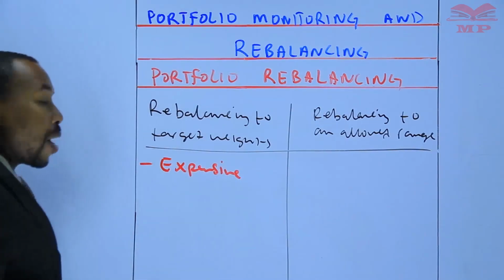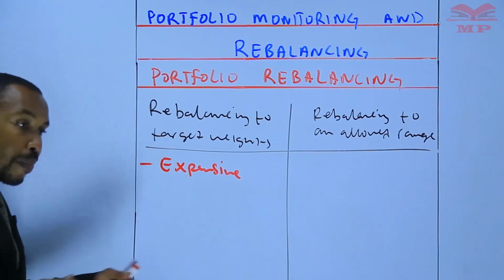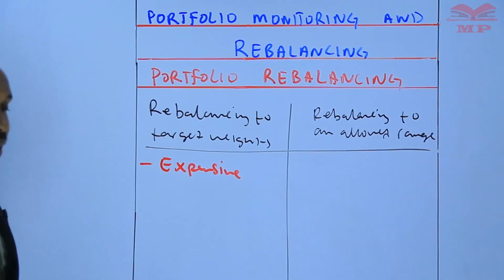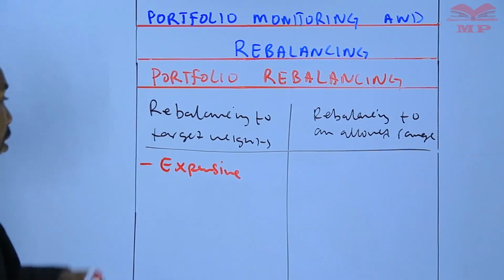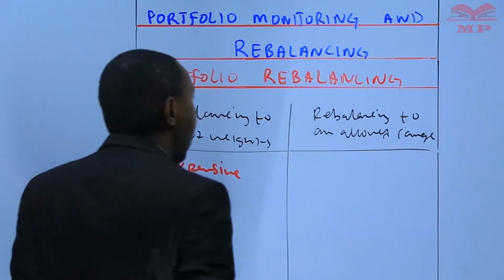because we are going to rebalance and we're going to have a lot of turnover. And turnover means buying and selling of securities at a higher cost, and that proves to be much more costly as compared to rebalancing to an allowed range.